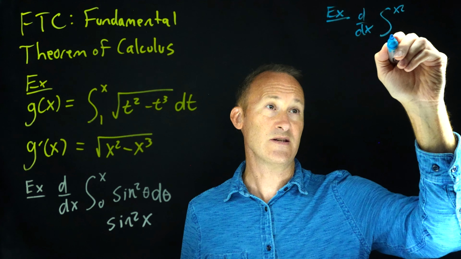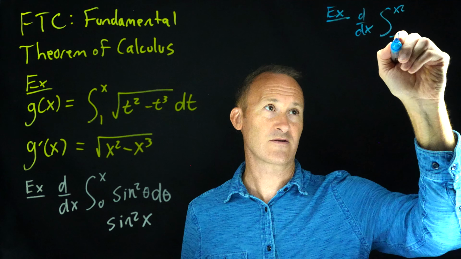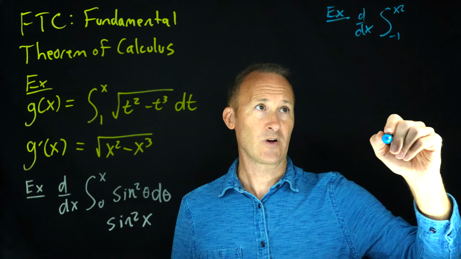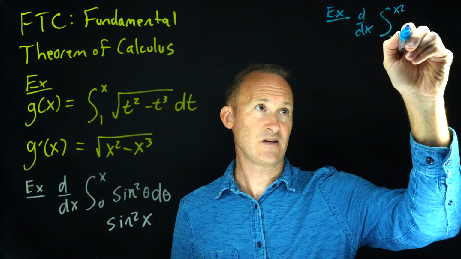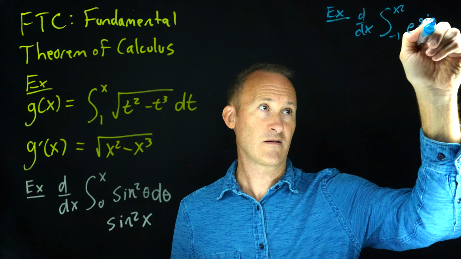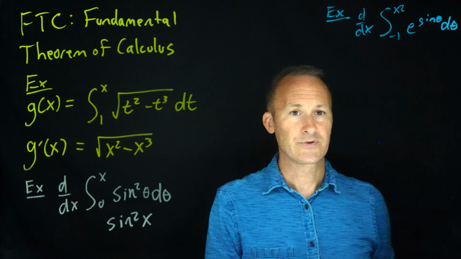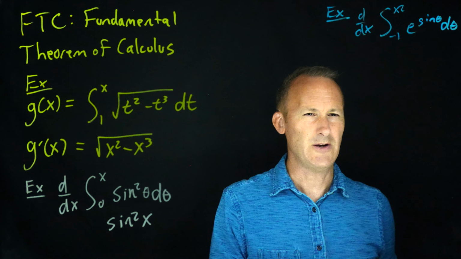And then this could be any number actually, it's kind of weird, like negative 1. And then again, we've got some kind of function, let's say this is e to the sine theta d theta. So how do we deal with this?